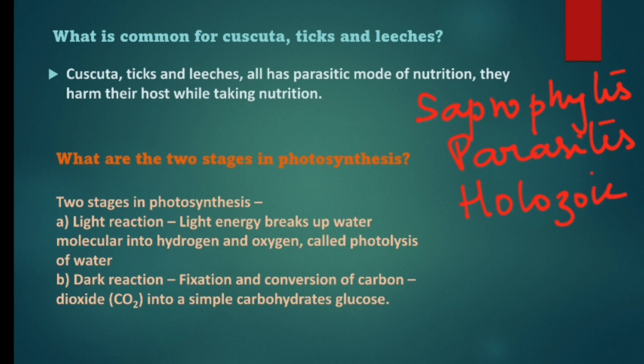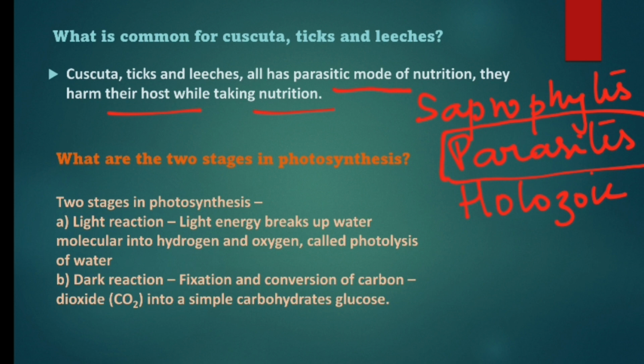Here cuscuta, ticks and leeches are examples of parasites, that is organisms which feed on other organisms. They are dependent on other organisms. So cuscuta, ticks and leeches all follow parasitic mode of nutrition. They harm their host while taking the nutrition from them.